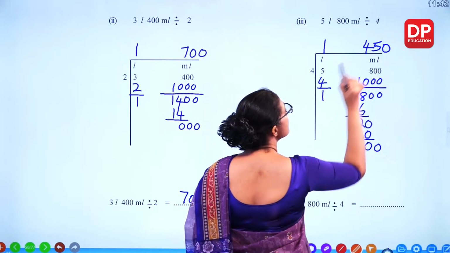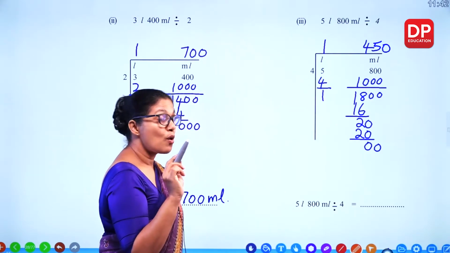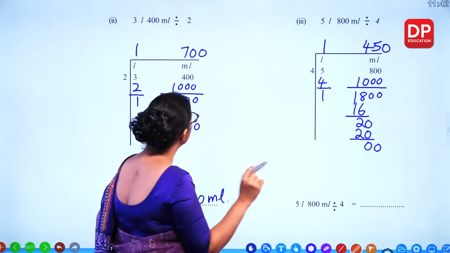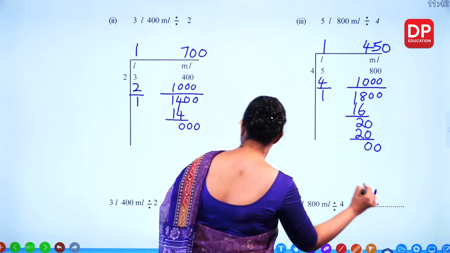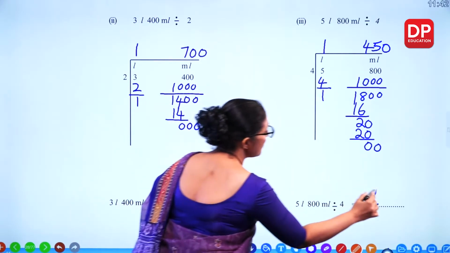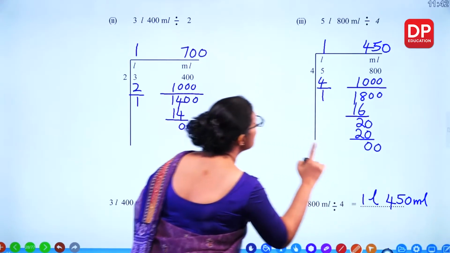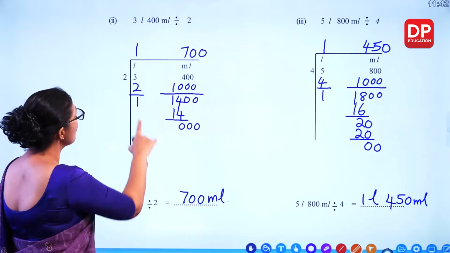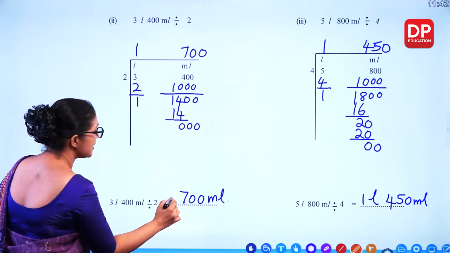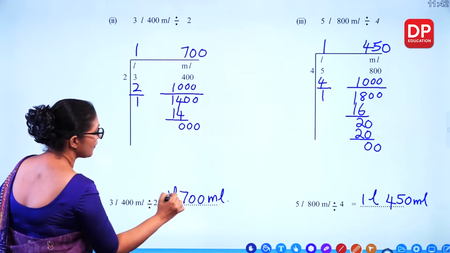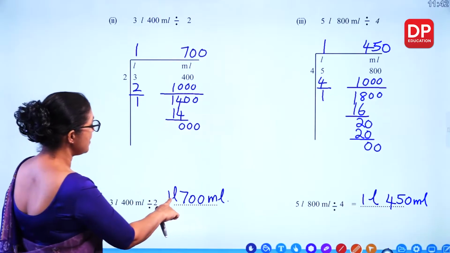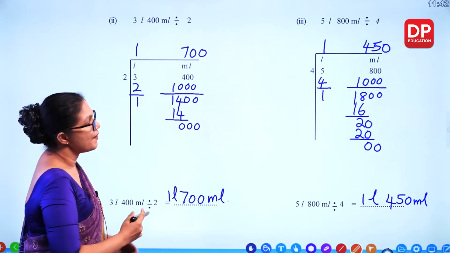So you get 0 here. So what's the answer? 1 liter and 450. Here, this one, we made a mistake. We forgot to write 1 liter. 1 liter 700 here, 1 liter 450 there.